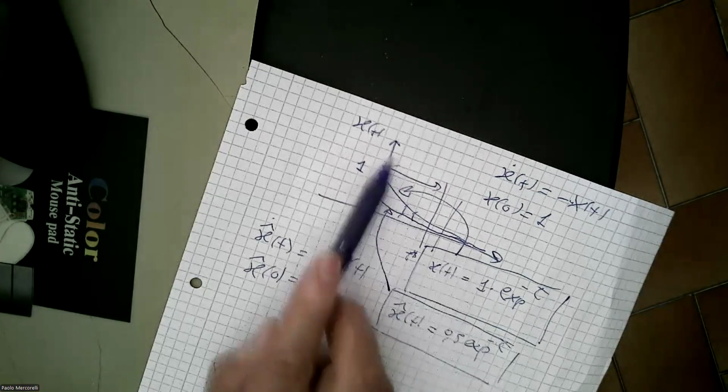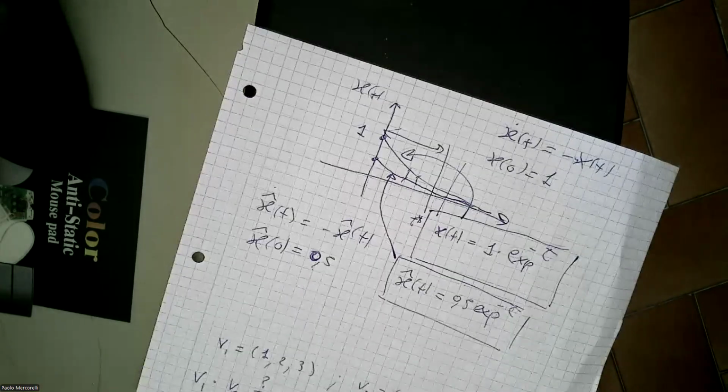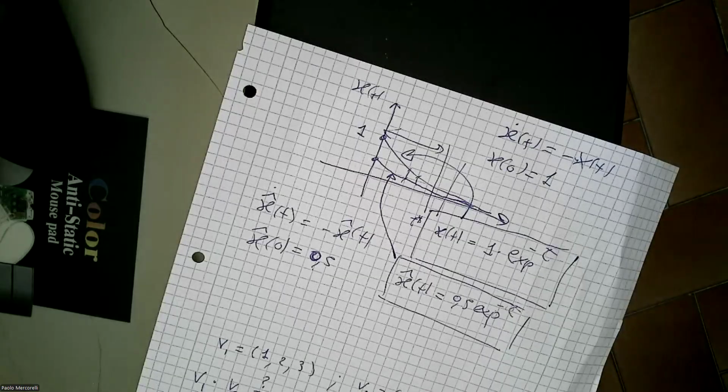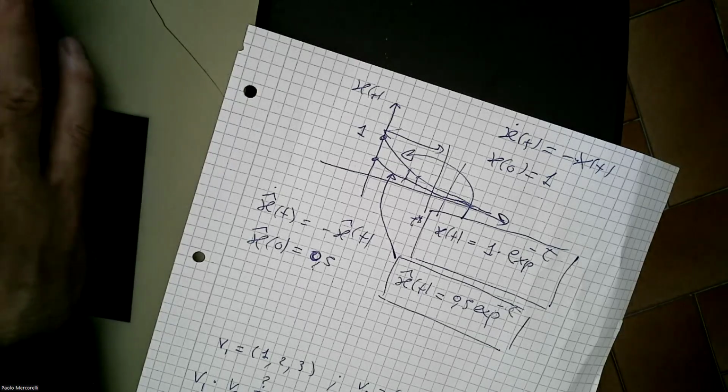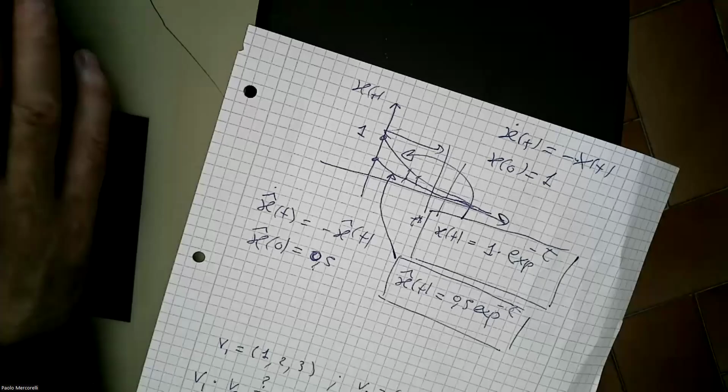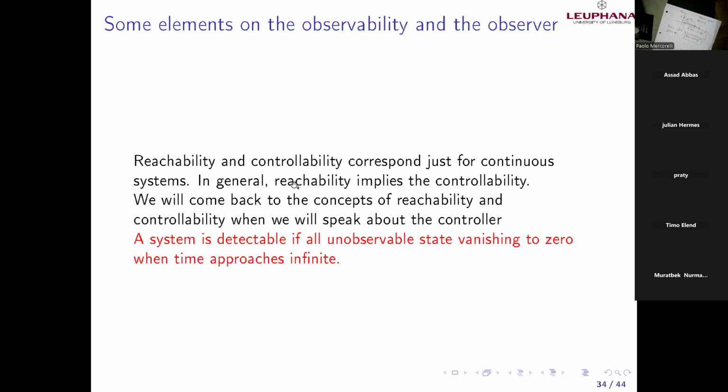This state, of course, is going to zero. This means that at some point, at least theoretically, it is negligible because it's going to zero. The idea in telling you about this aspect, which is a particular aspect of the observer, is another one.